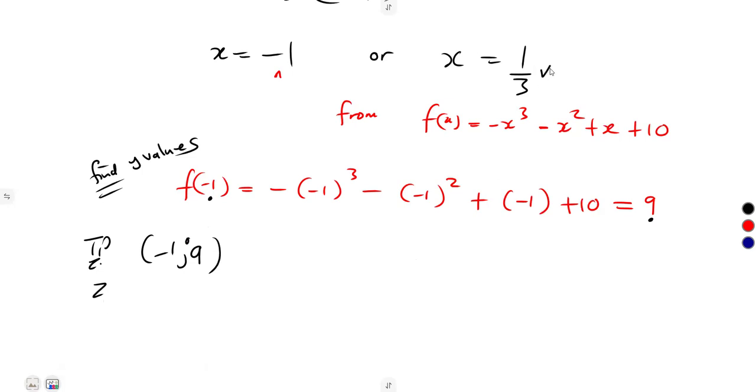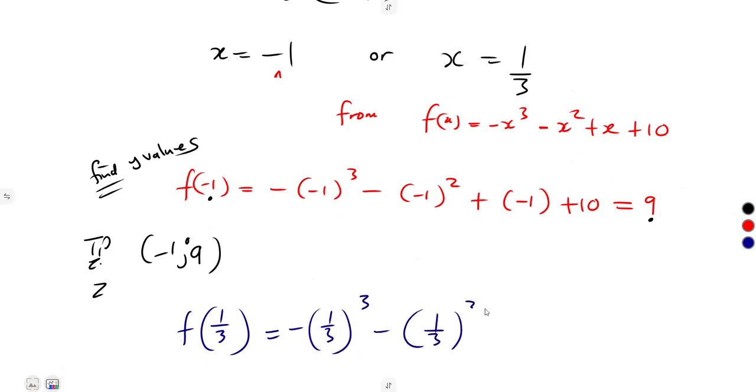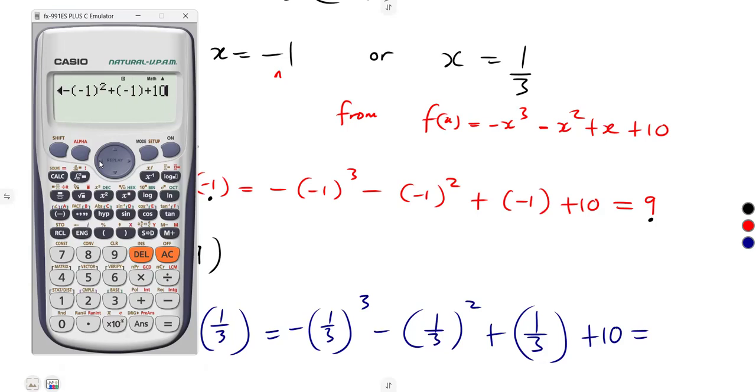The same thing for the value of x when it is equal to a third, 1 over 3. You're going to do the same, f of 1 over 3. In place of x, simply put 1 over 3. So it was going to be 1 over 3 cubed minus 1 over 3 squared plus 1 over 3 plus 10. Simply put 1 over 3 this time.